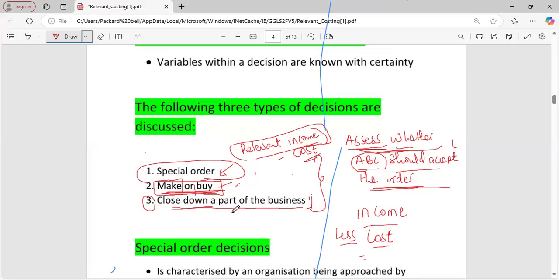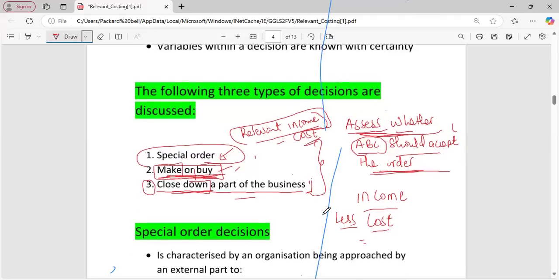So what you look at is the relevance. In the relevance, you look at what costs are going to be incurred when we close down, and what costs are going to be incurred if we don't close down. Then you compare those costs, then you make a decision based on that.